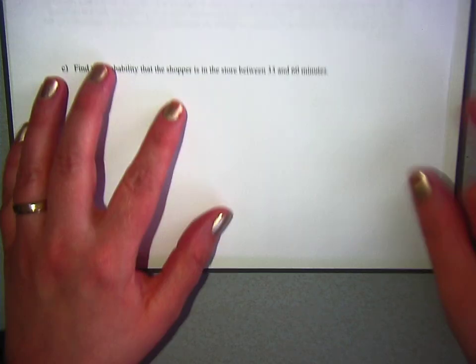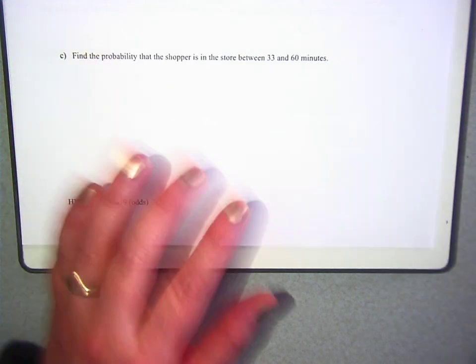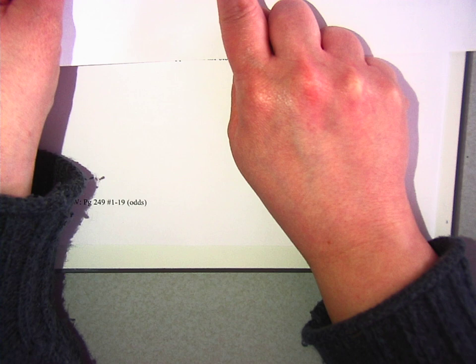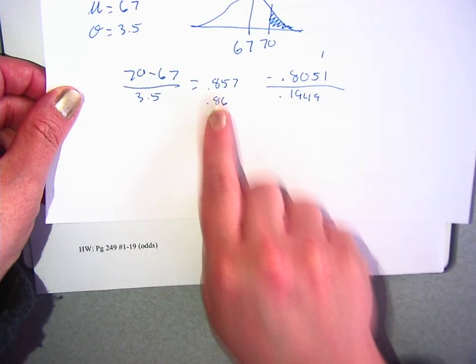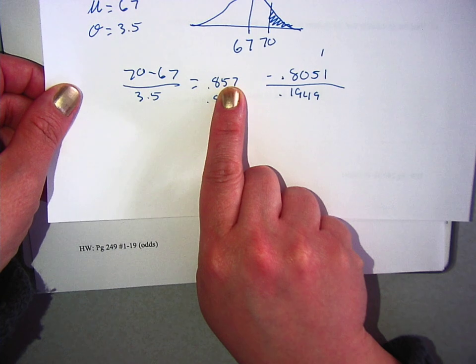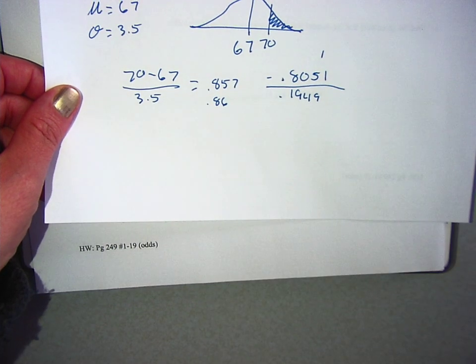Do you always round up like that? No, you only round up if it needs to be rounded up. Like this one was 0.857, so it's rounded up. If it was 0.851, it'd stay at 0.85.